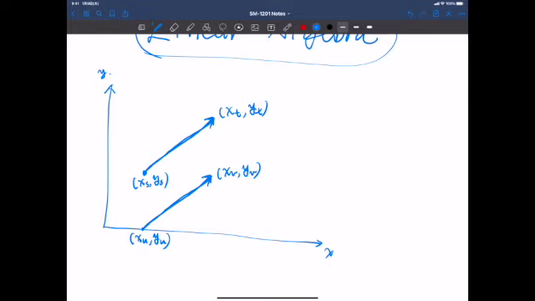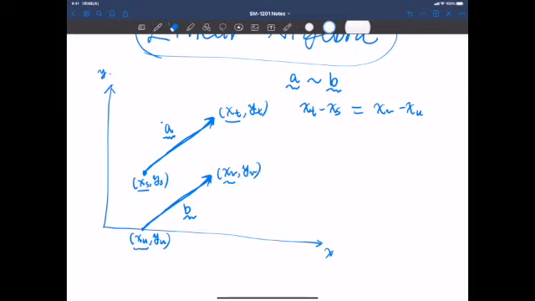Let's call this arrow A and this arrow B. Okay, we say arrow A is related to arrow B if the following equations hold. First, xt minus xs, so that is this minus this, is equal to this minus this, xv minus xu.